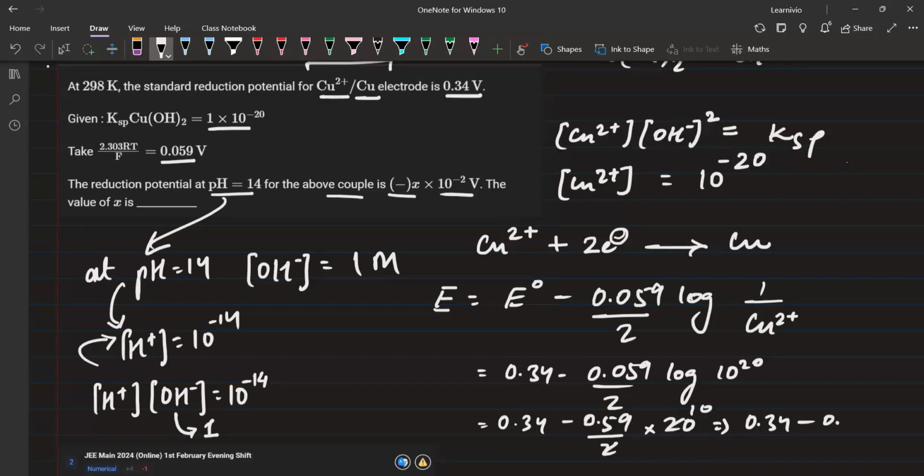Minus 0.059. This will be how much? What will we add to 0.34? 5 and 2, minus 0.25 volts. Okay? So minus X, so X will be equal to 25.